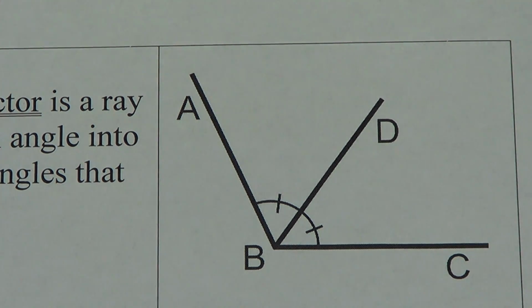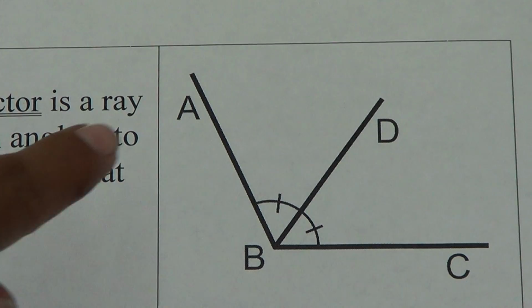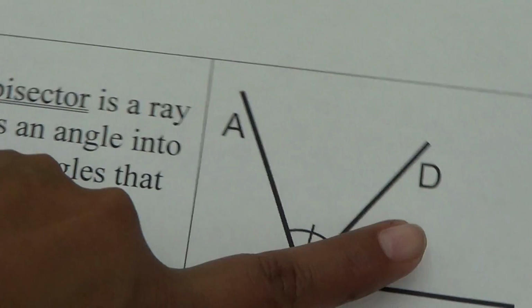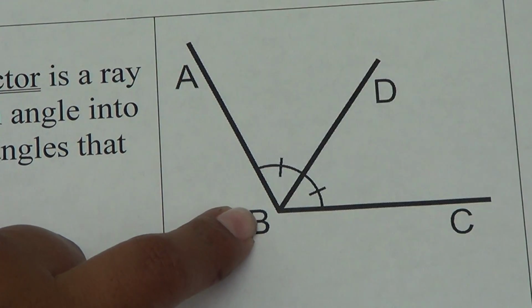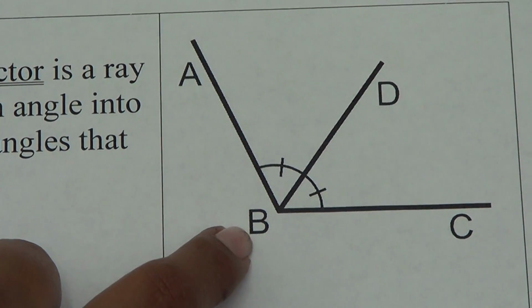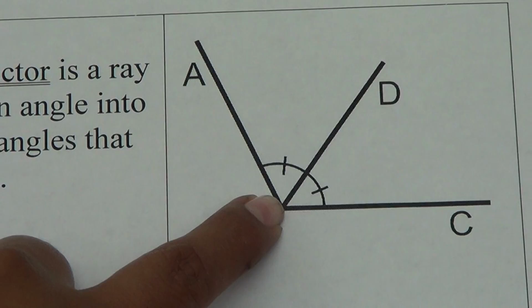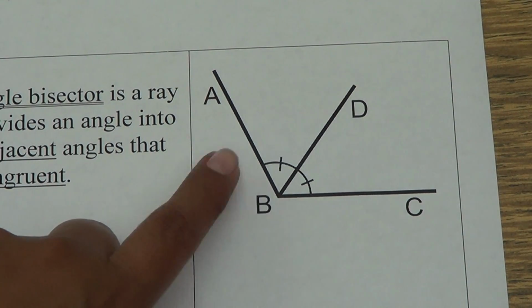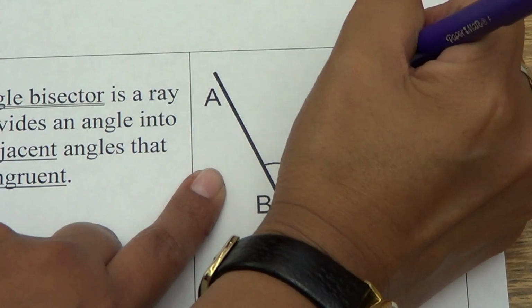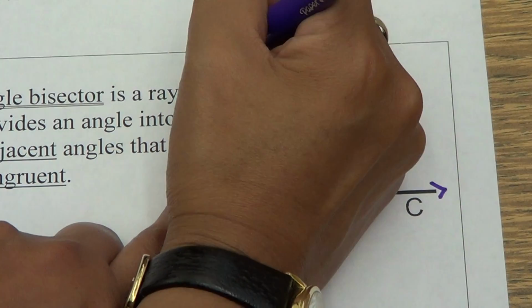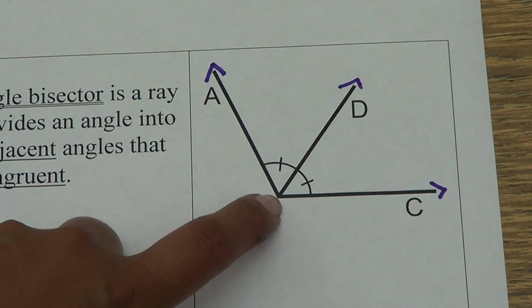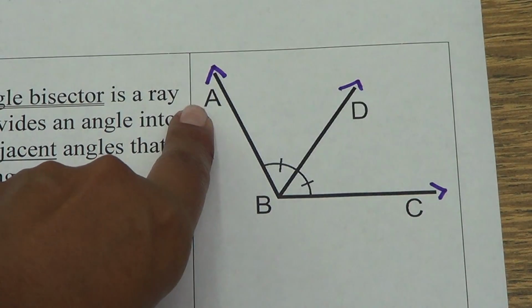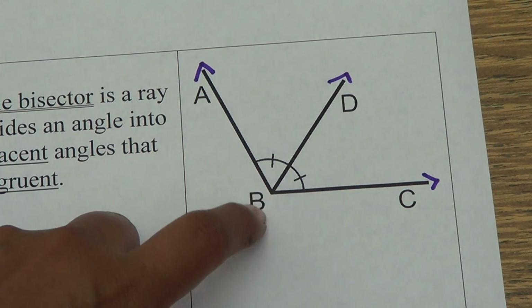So if you have an angle, let's say that you have angle ABC, right? So angle ABC. You could also call this angle CBA, or you could also call it angle B, right? Because this is the vertex. And let's talk about a ray. Let's add some of these here. So what we are saying here is that ray BD has bisected angle ABC.